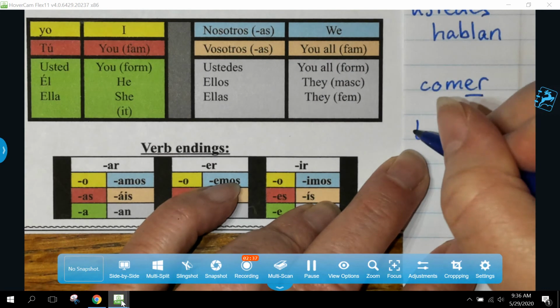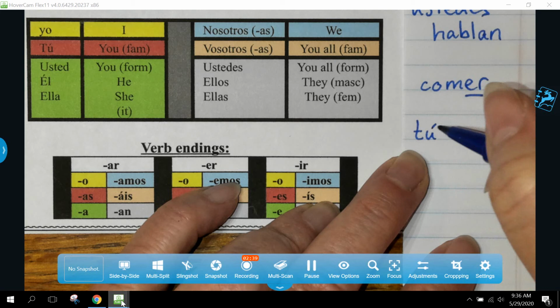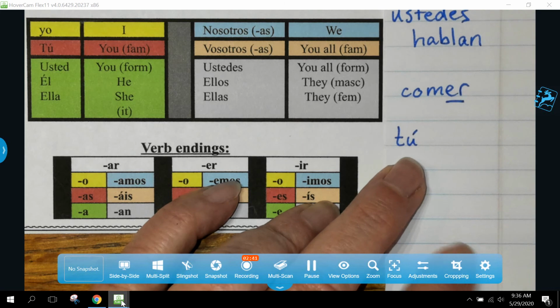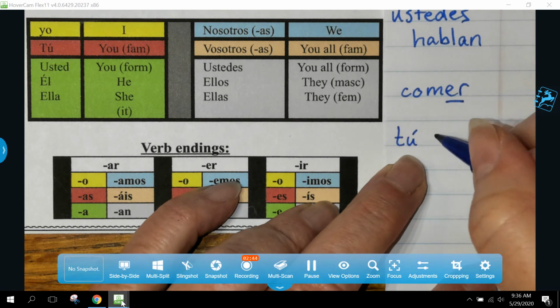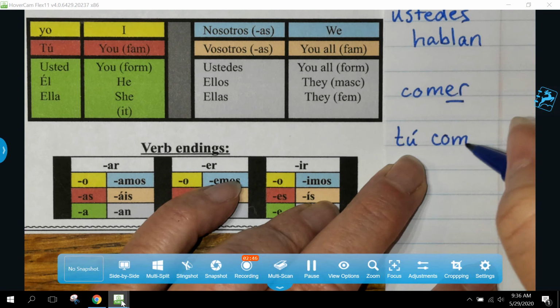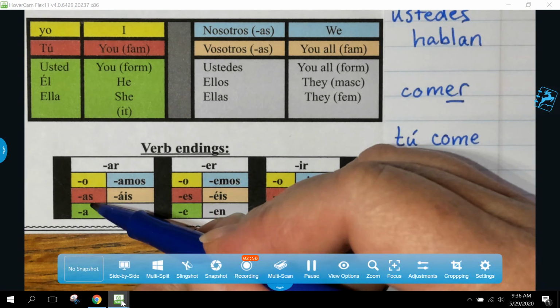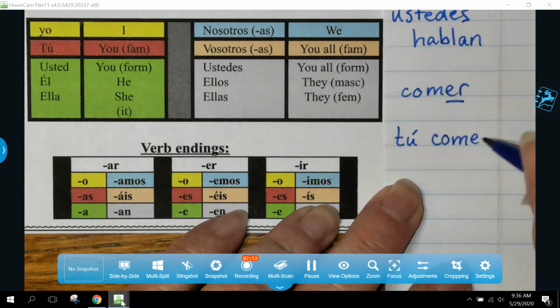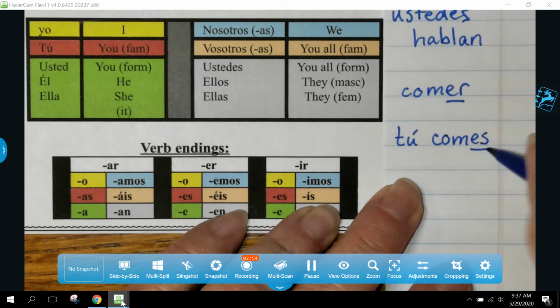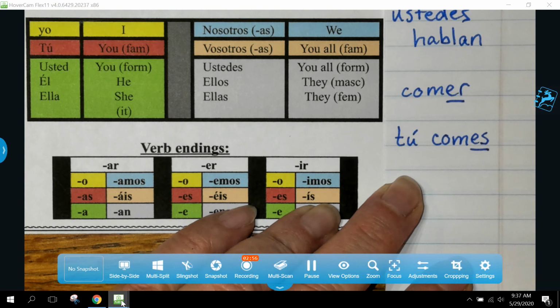Tu without an accent mark means your, as in possessive. So we take the tú, we take off the ER, and we add what's in the red box here. So we have comes, ending in ES.